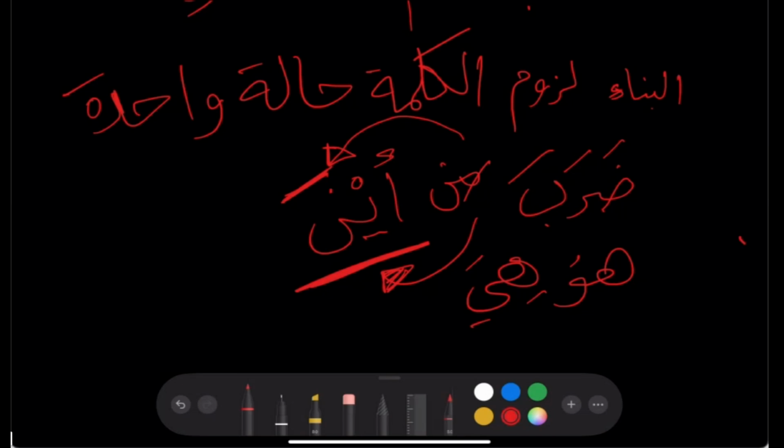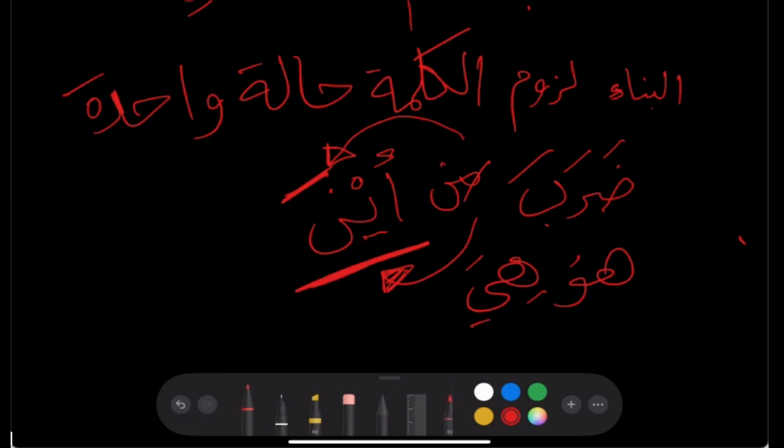That means in your mind you're registering that the word is in the place of jarr, but you're not going to change the haraka at the end because the word is built like that.